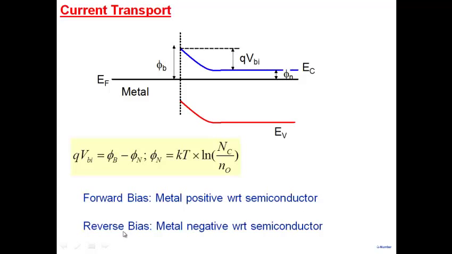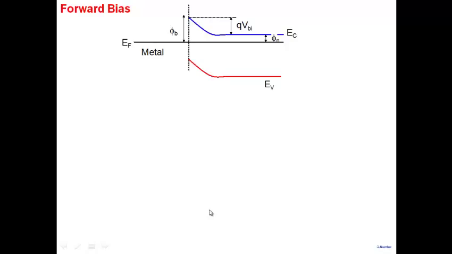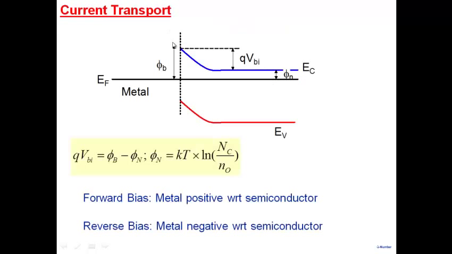Okay, so let's look at forward bias and reverse bias now. How does our diode behave under these conditions? So forward bias. All right, so this is the picture in equilibrium. For forward bias, I'm going to apply a positive voltage to the metal, and the semiconductor I'm going to keep as it is.